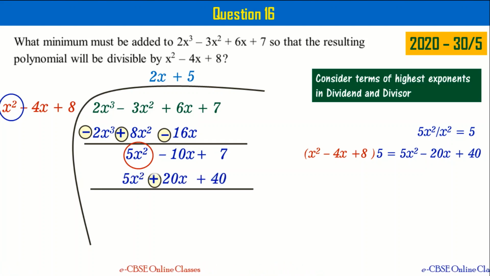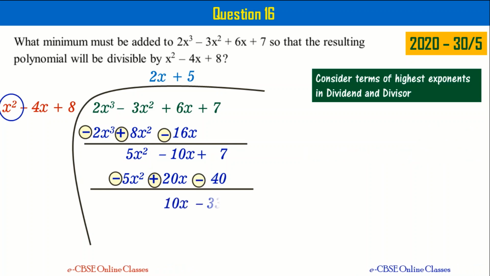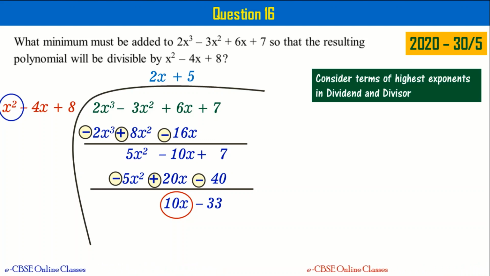When I subtract that, what I get is 10x minus 33 as the remainder, right? So the 10x, we can't do further because the term with highest exponent is 10x, but its degree is 1, whereas degree of divisor is 2, right? Please take a note of that. So we can't divide this further.